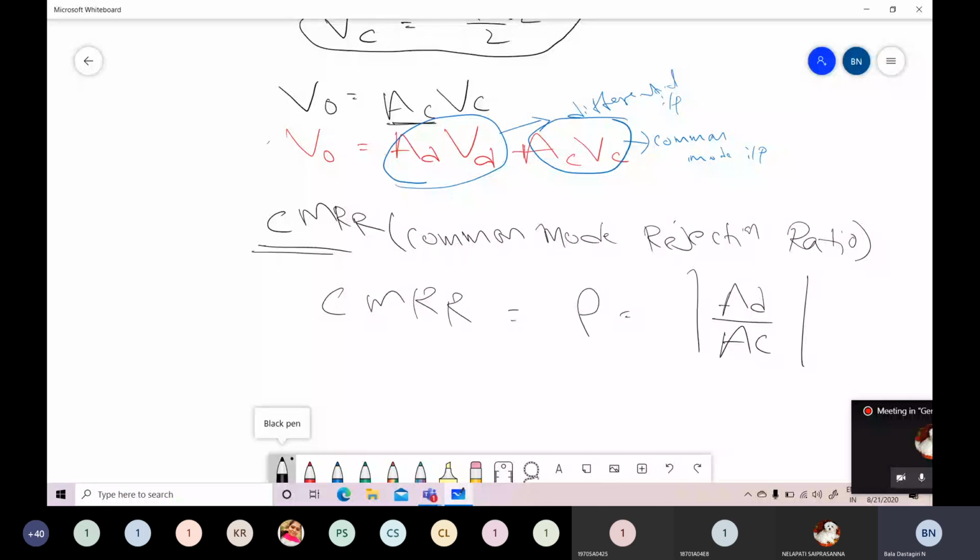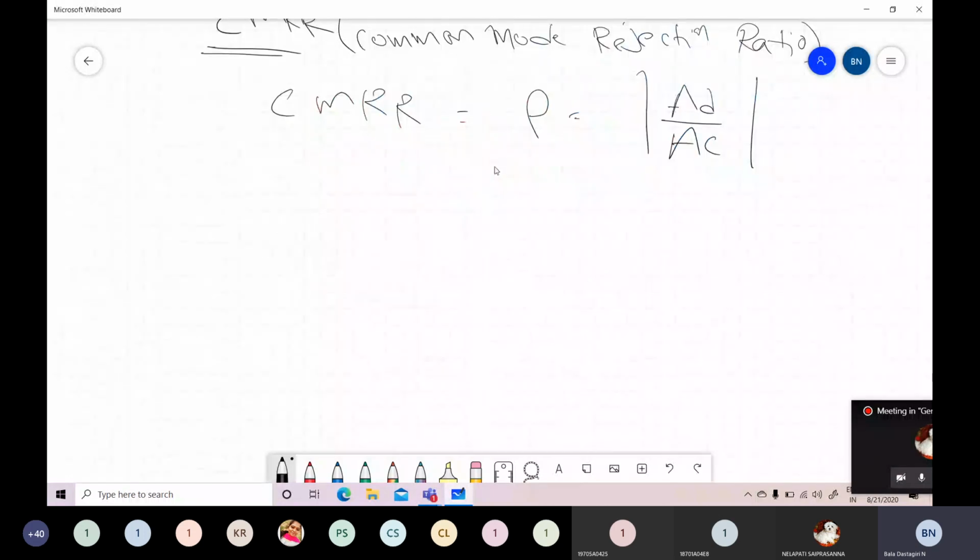Now for a practical differential amplifier. So far we have seen the ideal differential amplifier. For practical differential amplifiers, normally AD is large and AC is small.